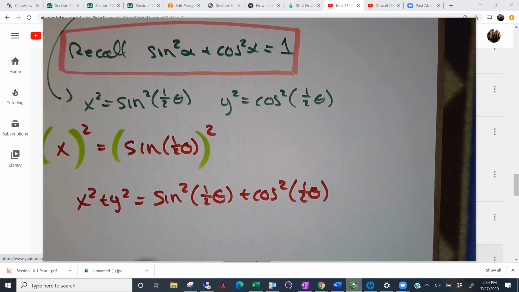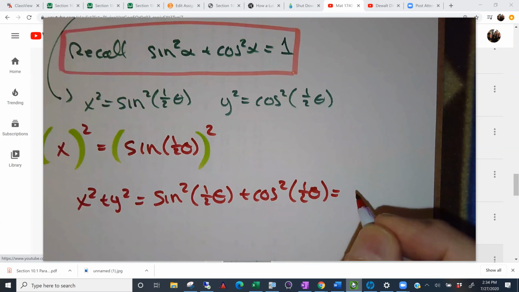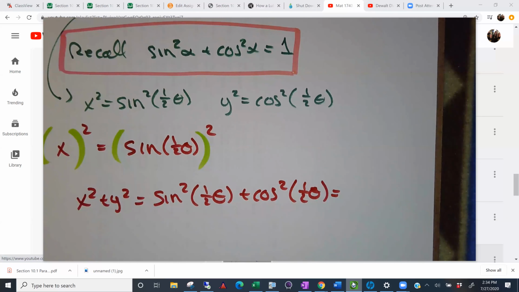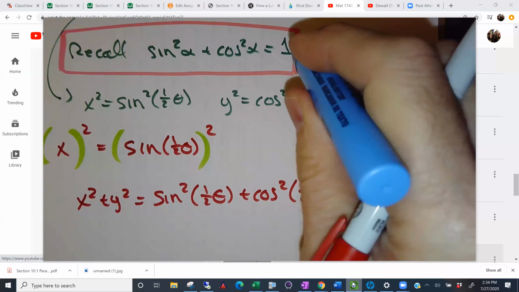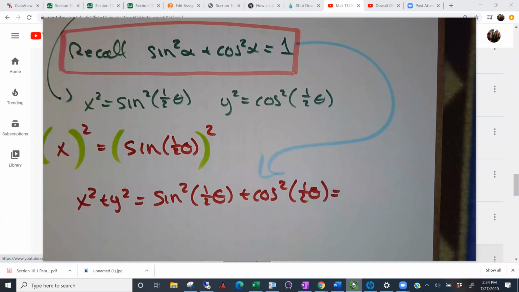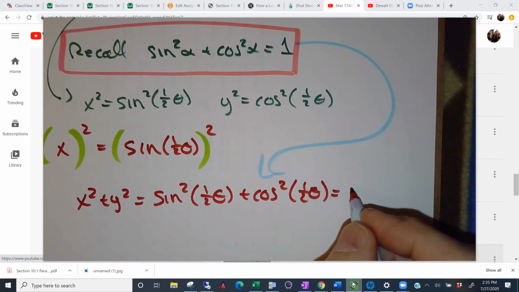Do you understand why I squared both sides? What's the advantage of doing that? Does this simplify it all now? Hint, hint. Does it go to x squared plus y squared equals 1?